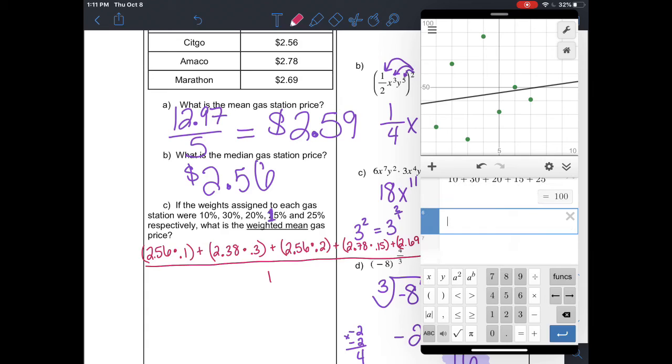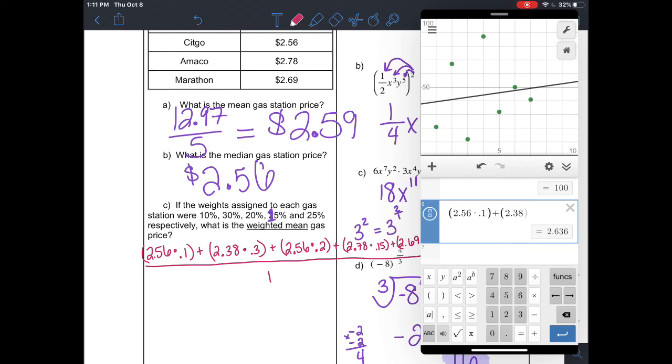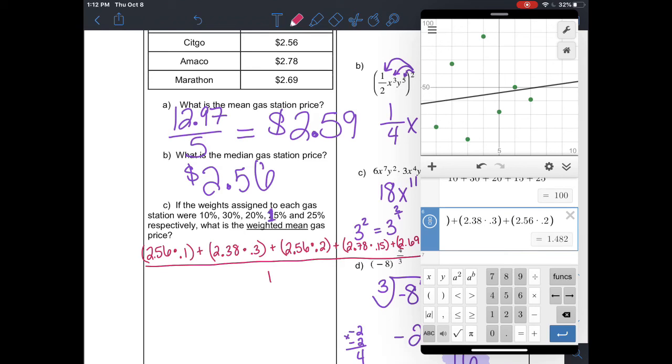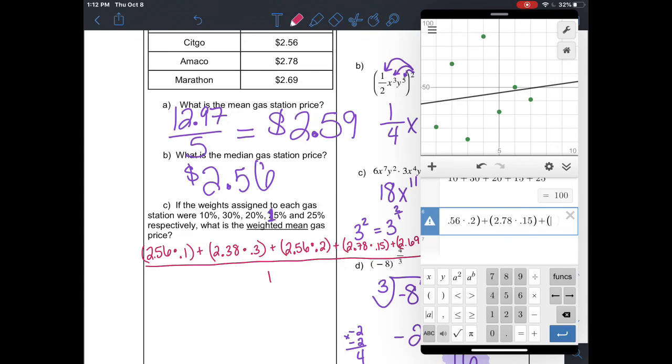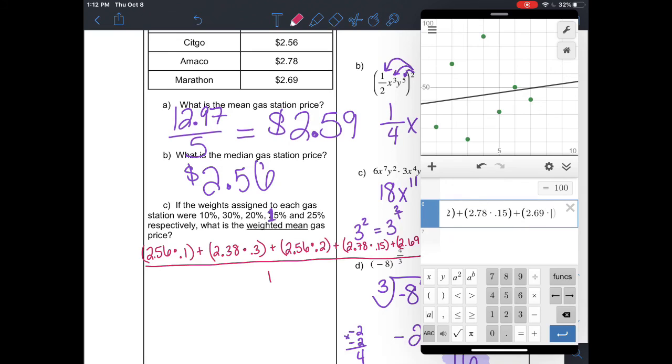Then we'll type that all into our calculator, which is going to be a lot. 2.56 times 0.1 plus 2.38 times 0.3 plus 2.56 times 0.2, forgot my parenthesis, plus 2.78 times 0.15, plus 2.69 times 0.25.